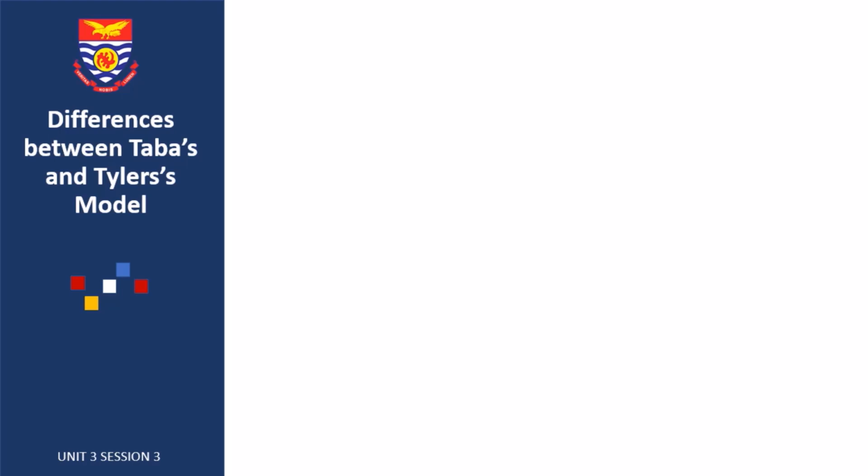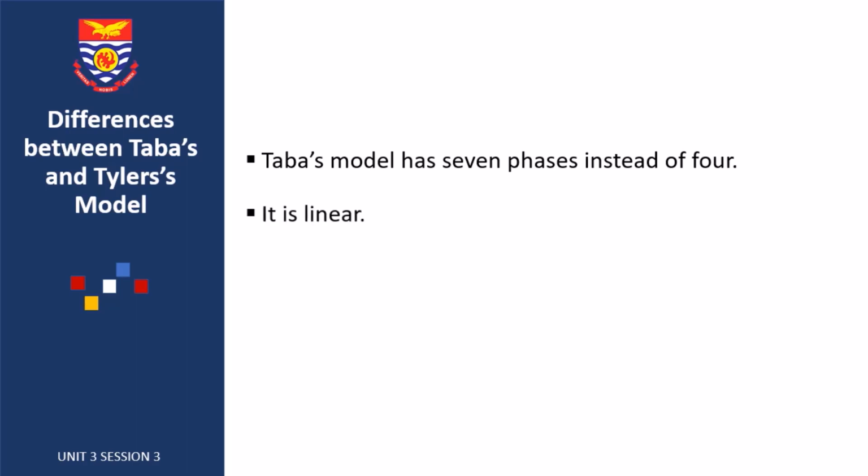Looking at the two, you realize that Tyler's model was made up of 4 phases, but Taba's is made up of 7 phases. However, both models are linear. Both models are linear, and in both models too, evaluation is a terminal process. It means evaluation occurs at the final stage of the entire planning process.